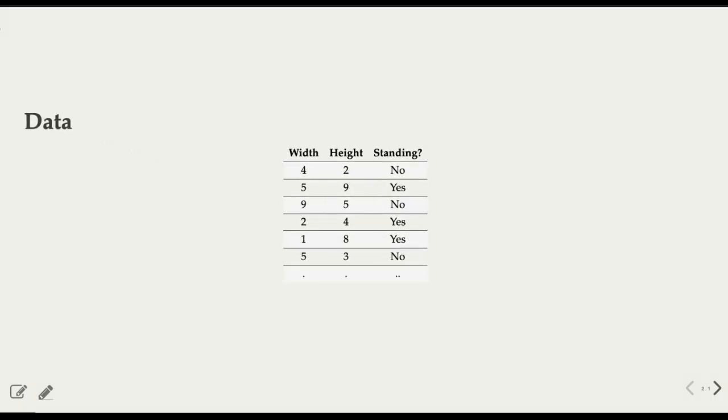With this small data set of shapes with width and height attributes, the notion of standing here in this data set is that whenever the height is greater than width, it is standing, or yes according to the standing class, and if width is greater than height, then it's in the negative class.